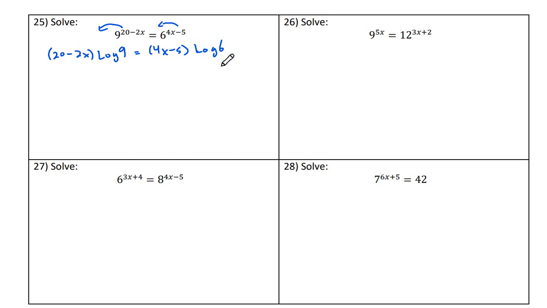Now we distribute the log 9 and the log 6. And we're being careful that this x is not inside the argument here, because that would mean something different.